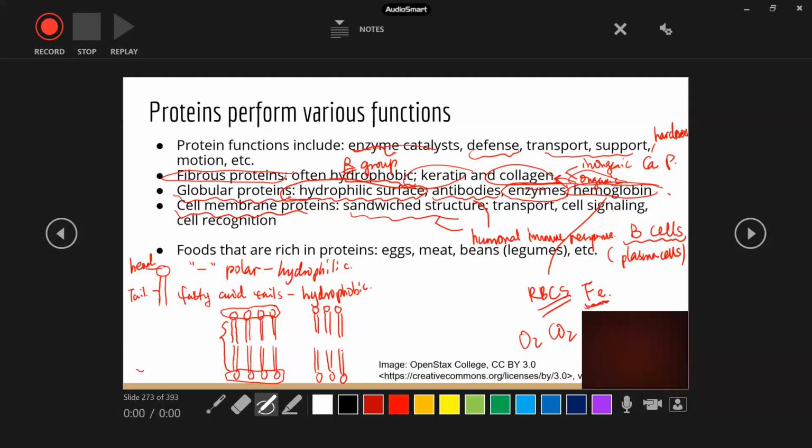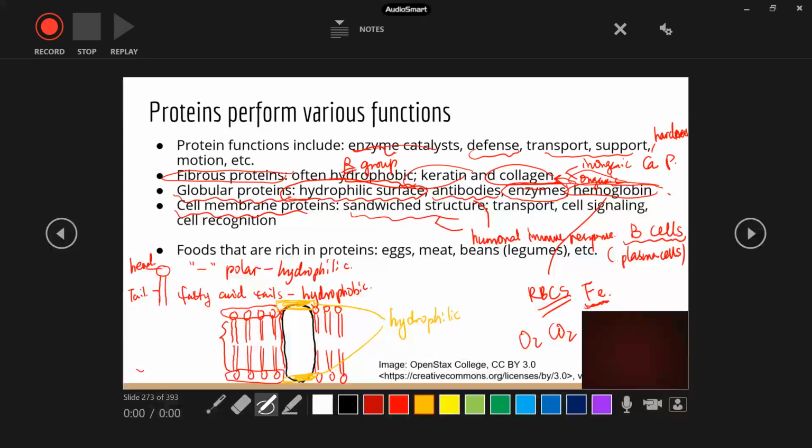Now, usually these cell membrane proteins are embedded in the cell membrane, so you can see they span the entire length of the membrane, right? Now, the sandwich structure really just means that the surface of the embedded proteins, like over here, that portion and this portion, is going to be hydrophilic because they interact with the water.